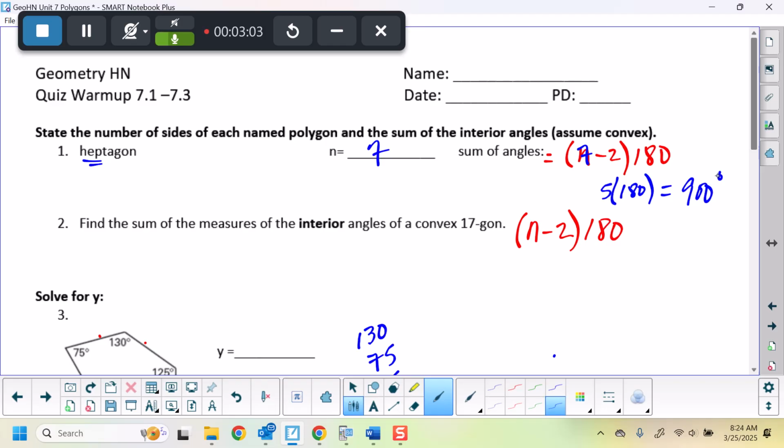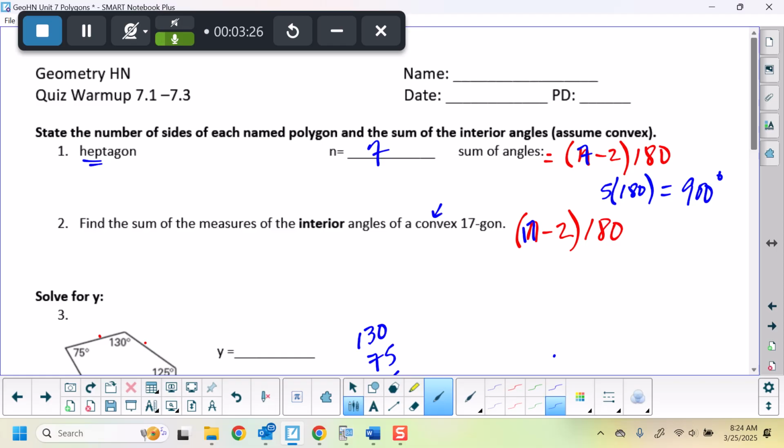Find the sum of the measures of the interior angles of a convex 17-gon. They told me it was convex, so I don't have to worry about being concave, but did they tell me it was regular? No. So I can't find each measure. So find the sum of the measures of the interior angles of a convex 17-gon.